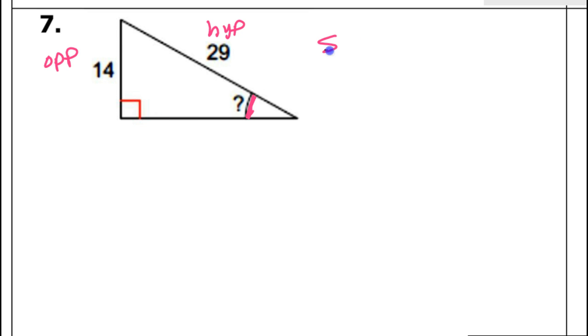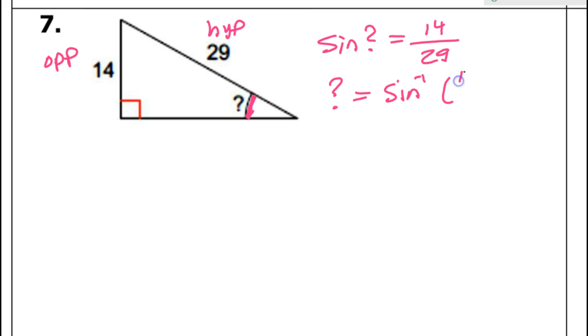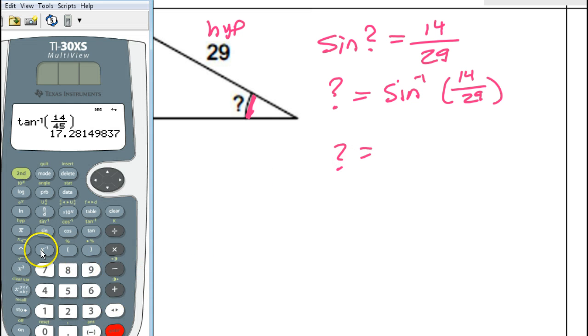So we will say sine question mark is equal to 14 over 29, opposite over hypotenuse. If you want to find the angle, you have to do the inverse sine of 14 over 29. And this is something you can simply put in your calculator.